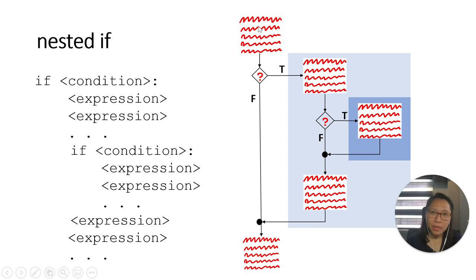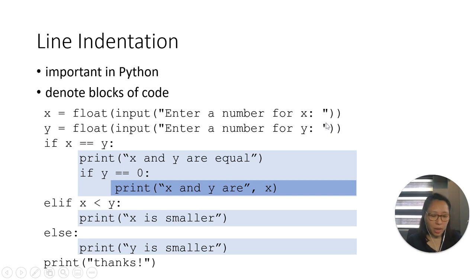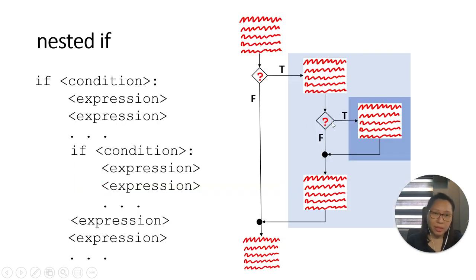So the program executes these lines of code and it encounters a test or a condition. If the answer is true, a code block has to be executed. And it so happens that this code block also has a test or a condition within.